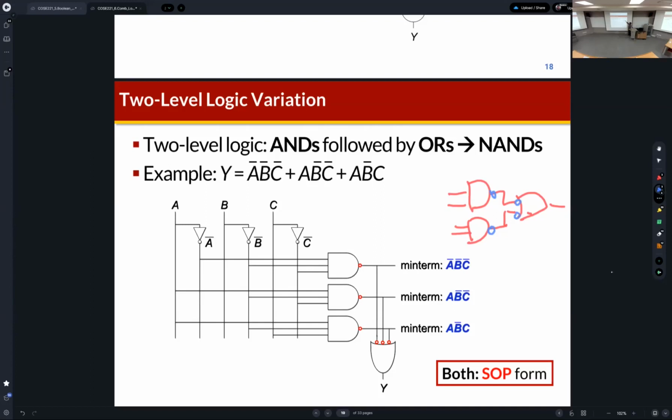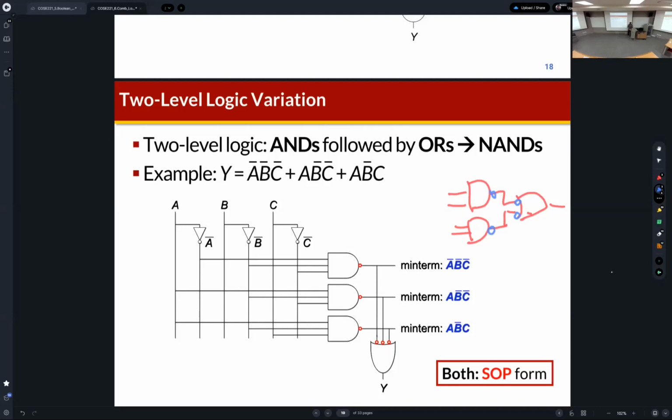This is a wire that connects the output of the AND gate to the input of the OR gate, and we place two bubbles on this wire. Two bubbles are equal to just a wire, right? The inversion of an inversion is equal to the original signal. So we can just add two bubbles like this.